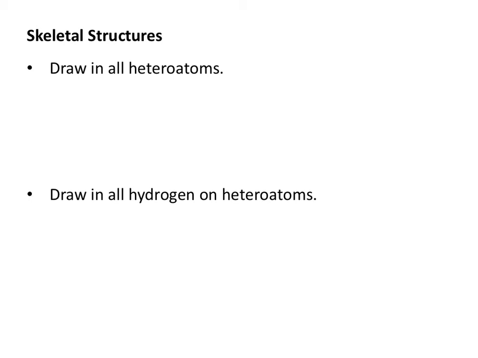If you have a heteroatom, it must be drawn in. And heteroatoms are things other than carbon and hydrogen. So things like oxygen, nitrogen, sulfur, and halogens. Those must be drawn in. Let's look, for example, at a 4-carbon chain. Right now we have 4 carbons.